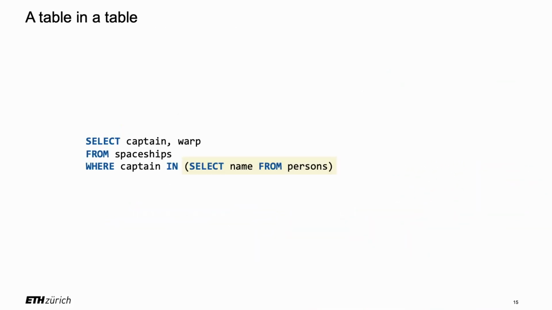Yes, here, could we have something like where captain, comma, spaceship in select name, comma, something from, so instead of having just one column, several columns? Several columns. That's a good question. I don't know. Maybe you can test it during the lecture and tell us. Otherwise, we can go offline. I could very well imagine that this is allowed.